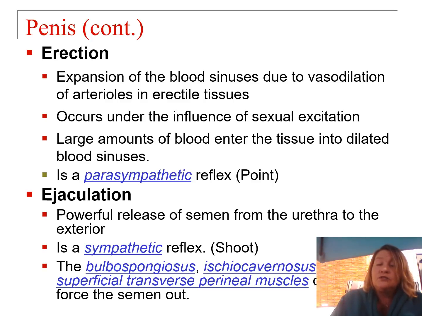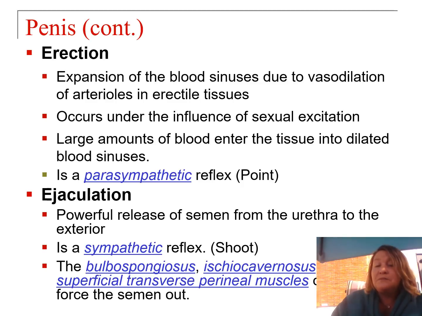And of course, this occurs under the influence of sexual excitement. So when a large amount of blood enters the tissues, there are these dilated blood sinuses in the erectile tissue that allow that blood to fill the penis and cause that erection.